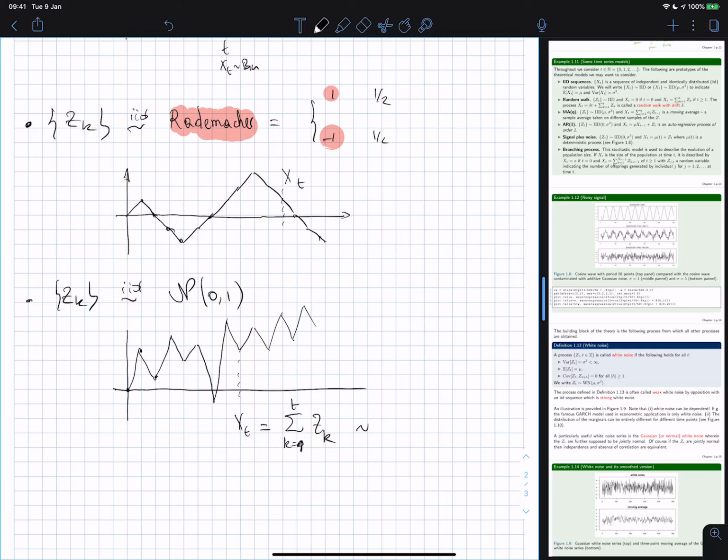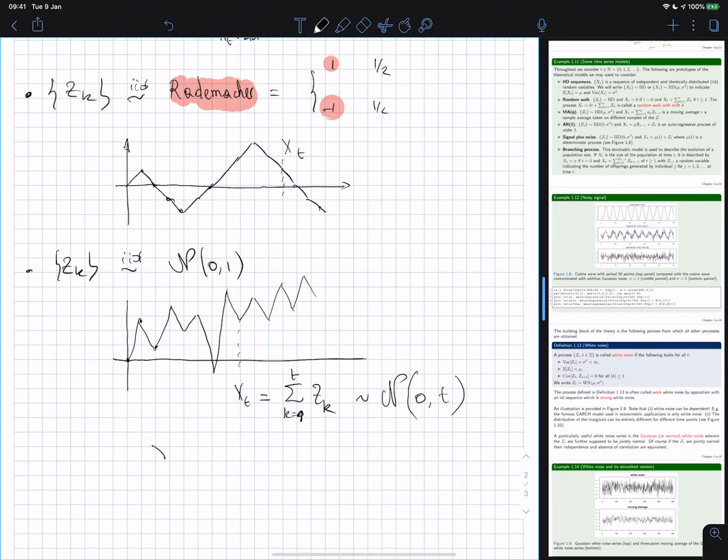Yes, it's just normal, because it's a sum of independent normals. It's normal with mean what? Well, 0. Yes, thank you, maths students, and variance t. But the distribution of xt given xt minus 1 is now going to be, let's see, what would be the distribution of xt given xt minus 1?